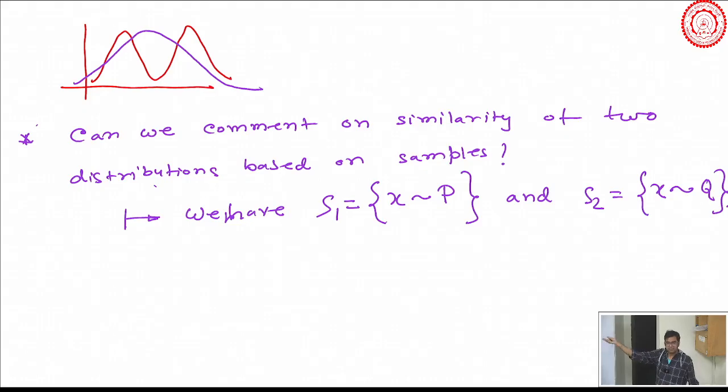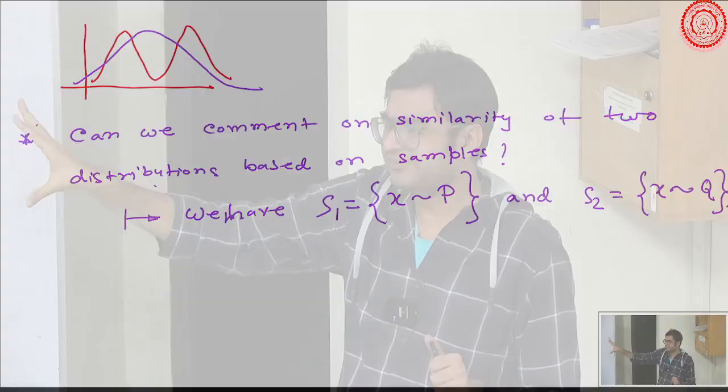Because if I do not know P, I do not know Q, that means I definitely do not know the likelihood. So likelihood computation is now out of the picture. So can I comment on the similarity or difference between P and Q based on only these samples? That is the question we are asking, because this is what you have to answer if you have to go likelihood free.